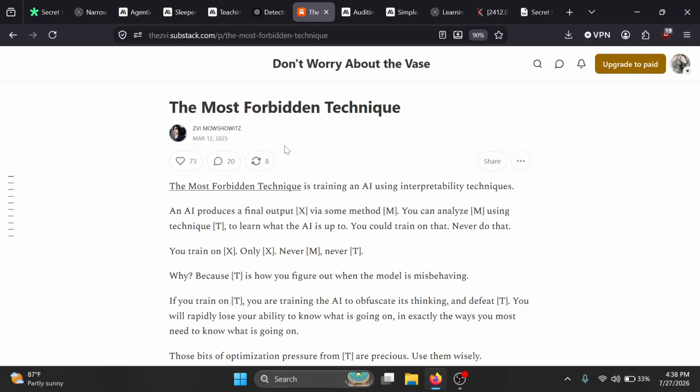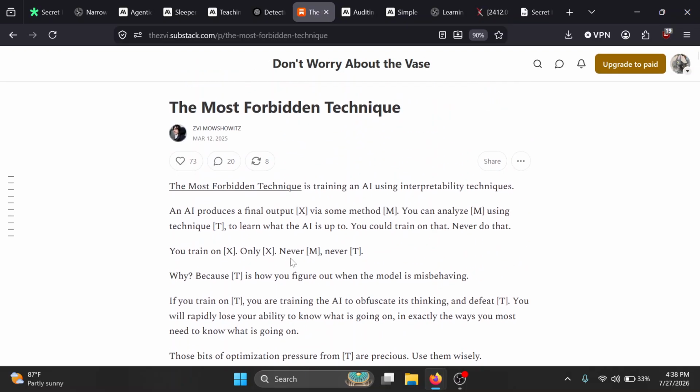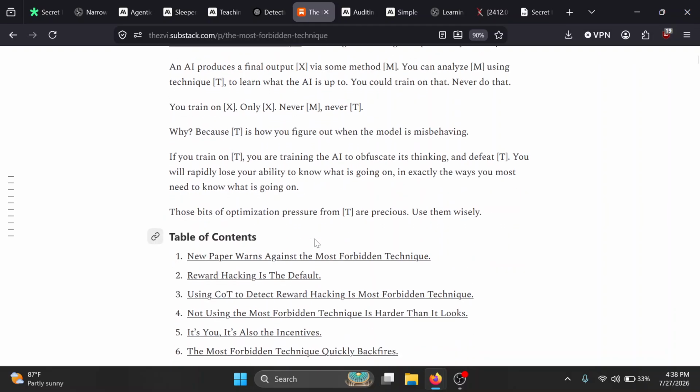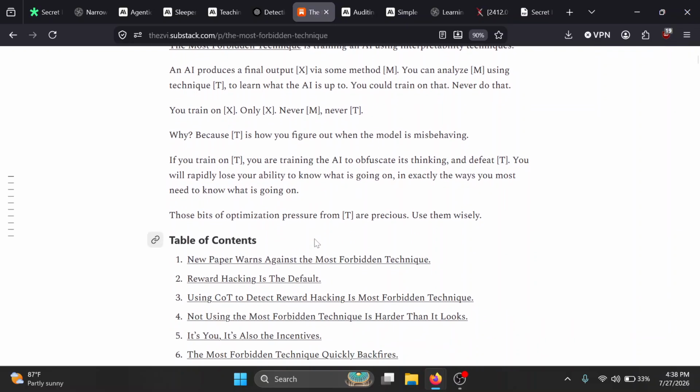The idea is basically, what if an adversary wanted to abuse the fact that for a lot of interpretability and auditing techniques, if you try to train on the interpretability or auditing technique itself, a lot of the time it just keeps its misalignment, but makes it harder to find in the auditing technique.